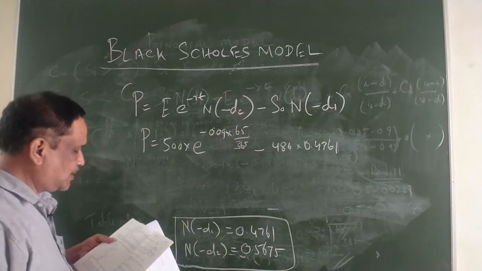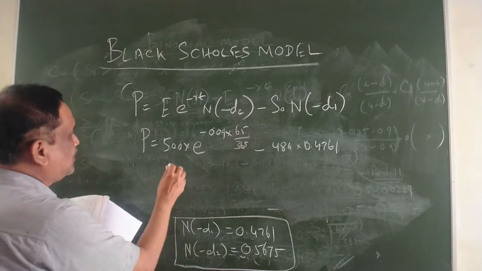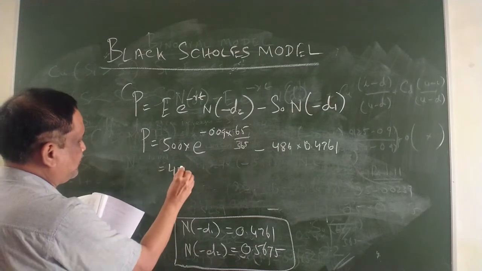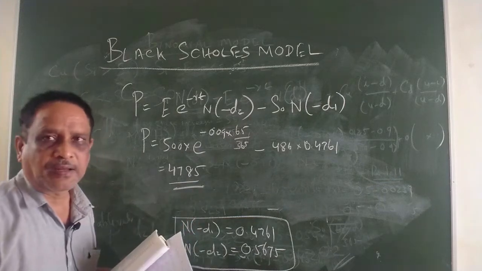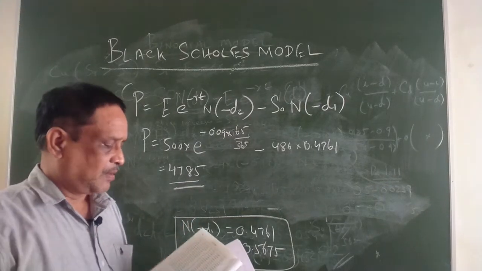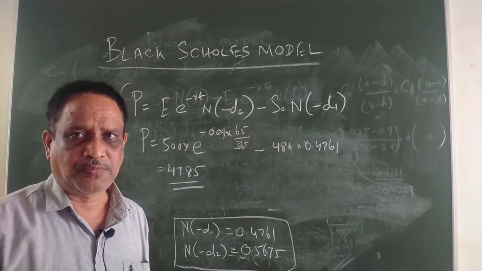If you solve this, you will get a value of 47.85. So we have calculated the call option value and the put option value.